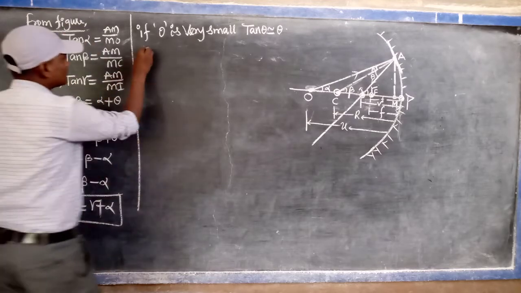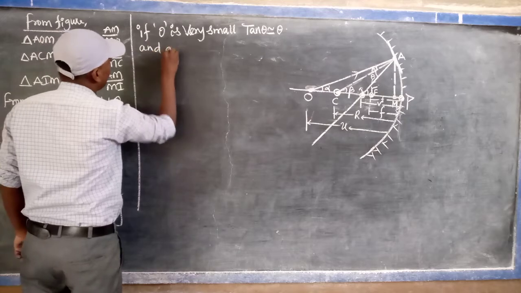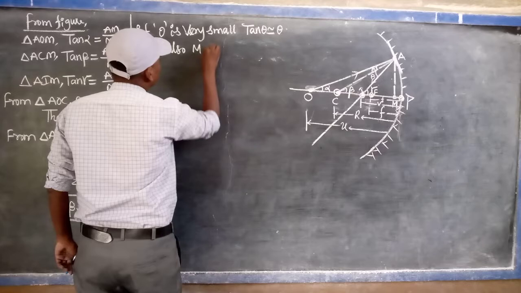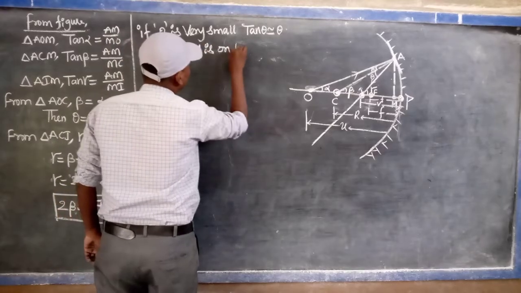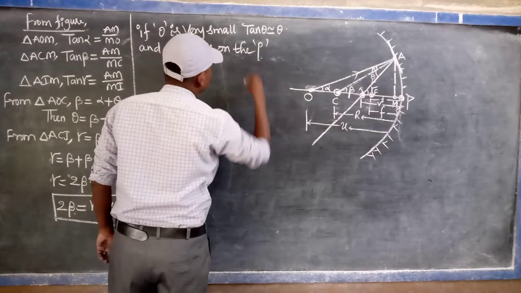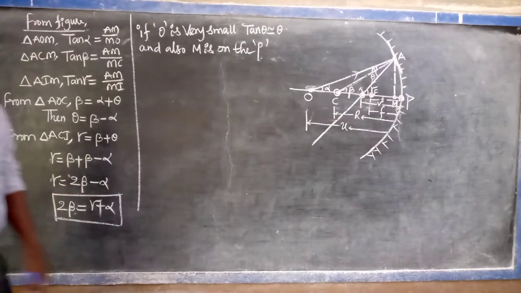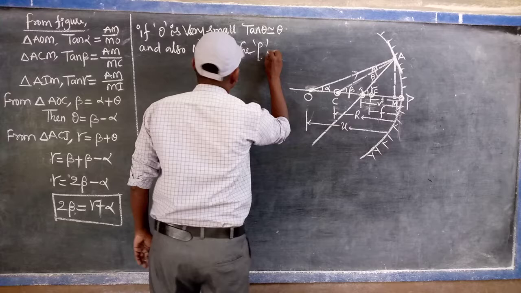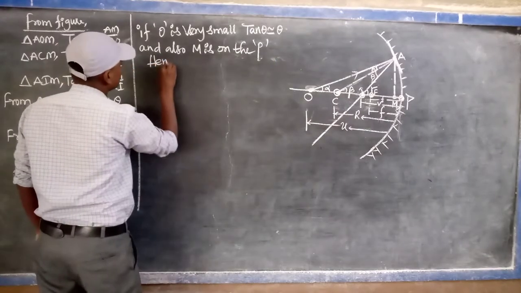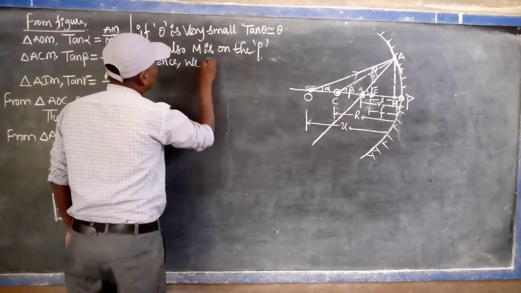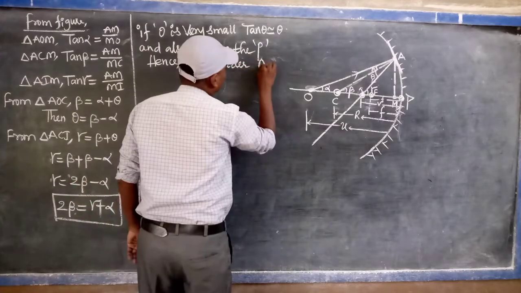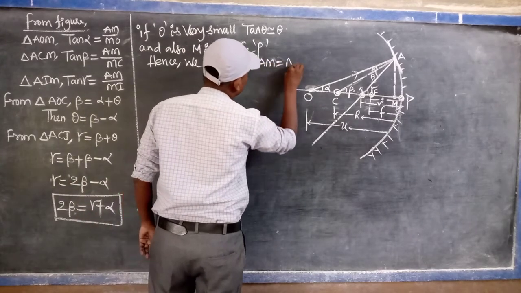And also, M on the P is nothing but coincide. So hence we consider AM is equal to AP.